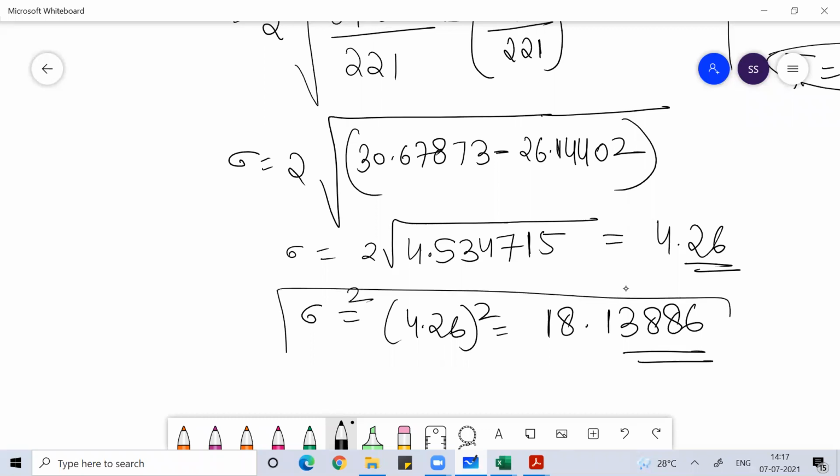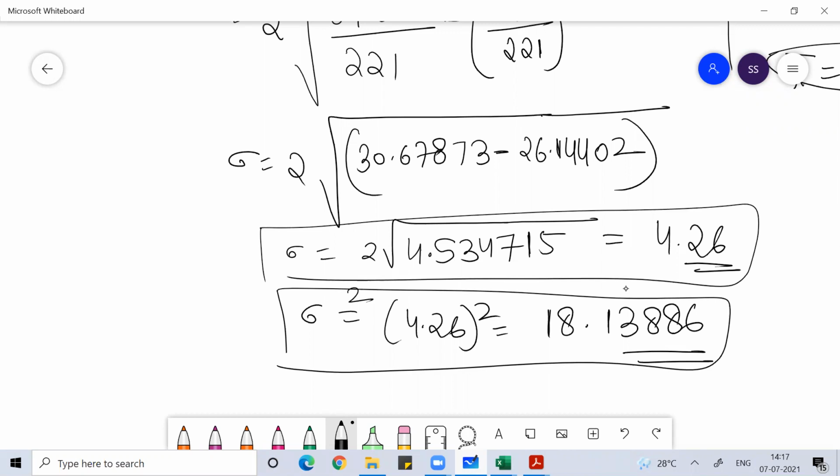This is the variance, and this is the standard deviation. Anyone, any doubt in the calculation part?